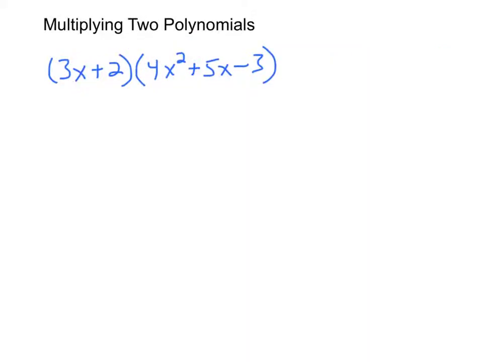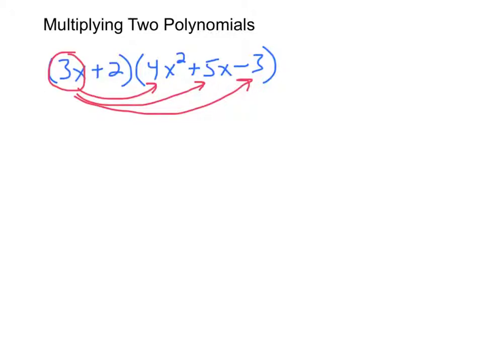Now let's look at another example of a multiplication problem. This time we have a binomial, because this first one has 2 terms, being multiplied by a trinomial, because that second one has 3 terms. And we're going to do the same type of idea. We'll start with the first term in the first polynomial, the 3x, and we'll distribute that onto each term in the second one.